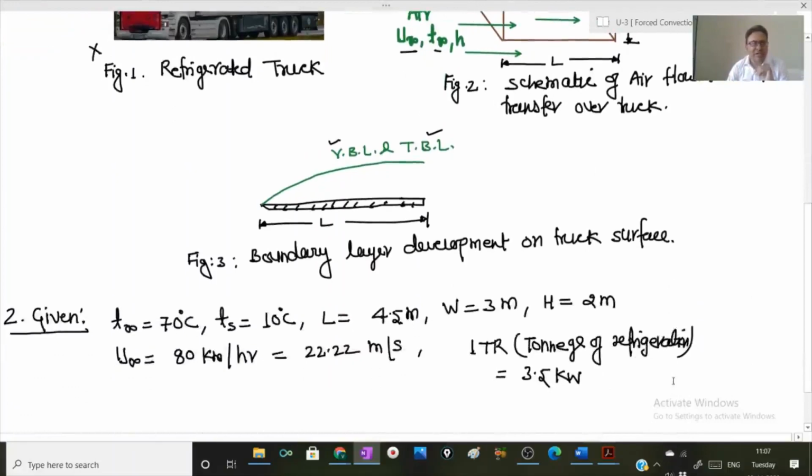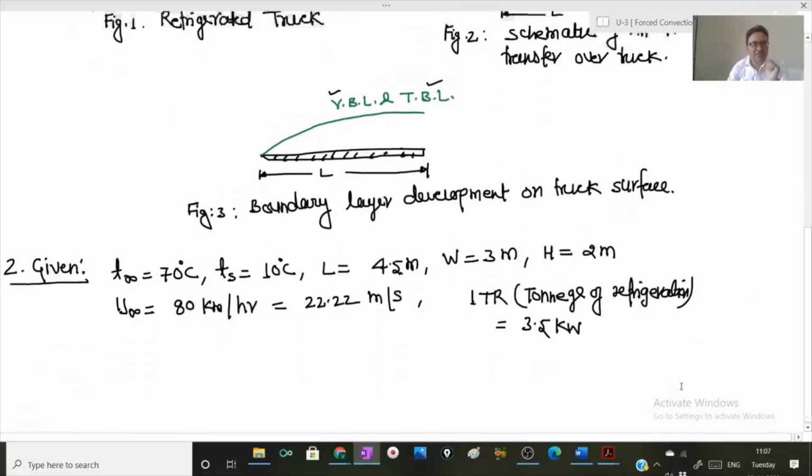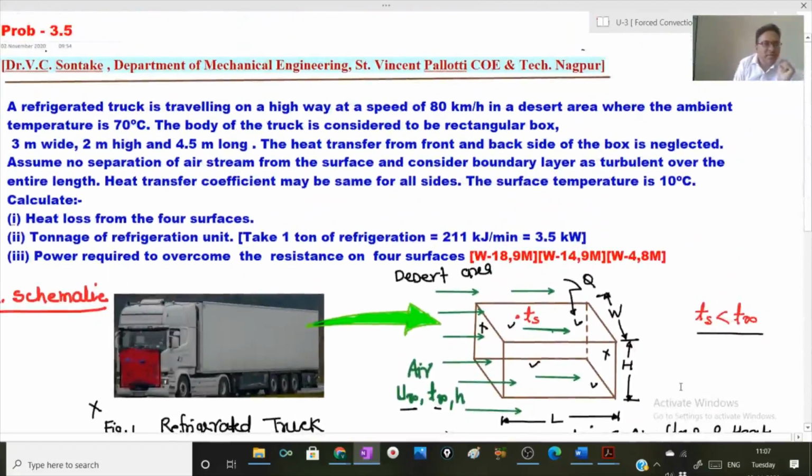Now after drawing the schematic, let us enlist all the given things. So if you go through the problem statement, the temperature of the air is given as 70 degrees Celsius, ambient temperature, isn't it? And temperature of the truck body is 10 degrees Celsius.